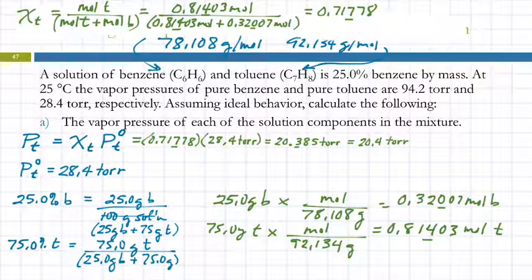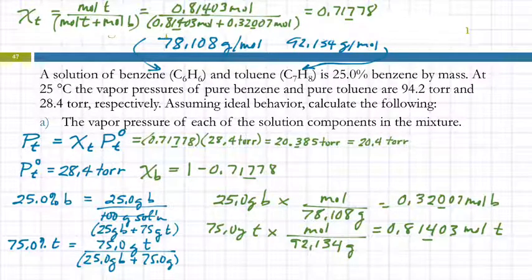So the mole fraction for benzene, chi B, is exactly 1 minus the mole fraction of the toluene. It's like percentages having to add up to 100. Mole fractions are just percentages divided by 100. They have to add up to 1.